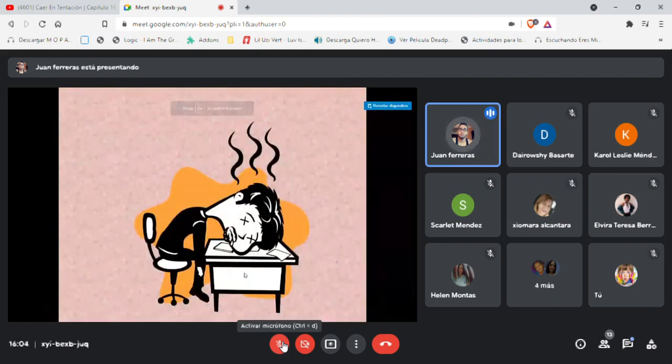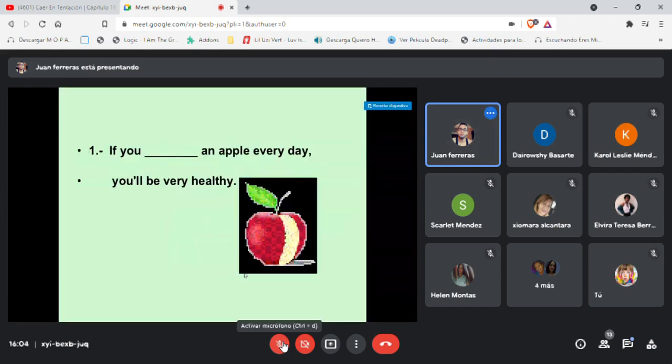Those are examples. So right now, let's test you out. In this case, what would be the right verb? If you eat, exactly. If you eat an apple every day, you will be very healthy. Si comes una manzana todos los días, estarás saludable, right?